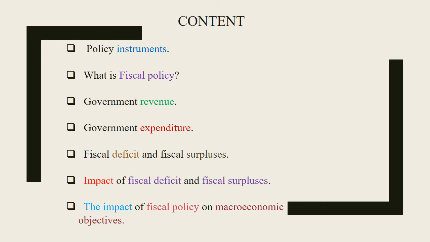Content in this lesson: policy instruments. What is fiscal policy? Government revenue, government expenditure, fiscal deficit and fiscal surpluses, impact of fiscal deficit and fiscal surpluses, the impact of fiscal policy on macroeconomic objectives.